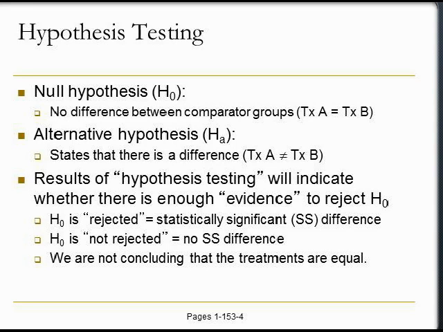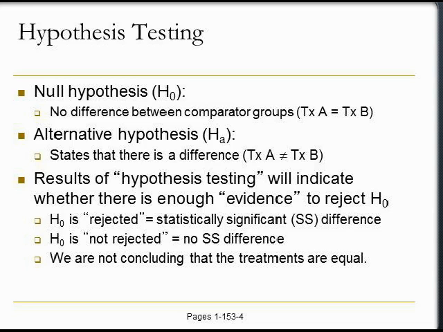The alternative hypothesis states that there is a difference. Treatment A is not equal to treatment B. And then the results of this hypothesis testing will indicate whether or not there's enough evidence to reject the null hypothesis. If the null hypothesis is rejected, then we conclude that there is a statistically significant difference.